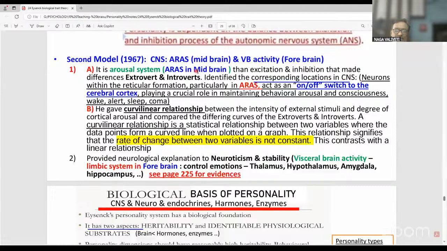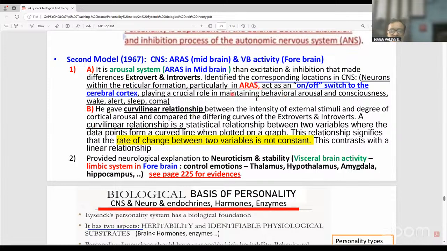It takes all the information from the sensory system, coordinates it, and immediately sends a message to the forebrain that something is going to happen, what is coming in. So this on and off will be there. It is also influenced by the biological clock. It also influences our thinking process, the conscious and unconscious, active and inactive states. So he says that extrovert and introvert depend on this system.